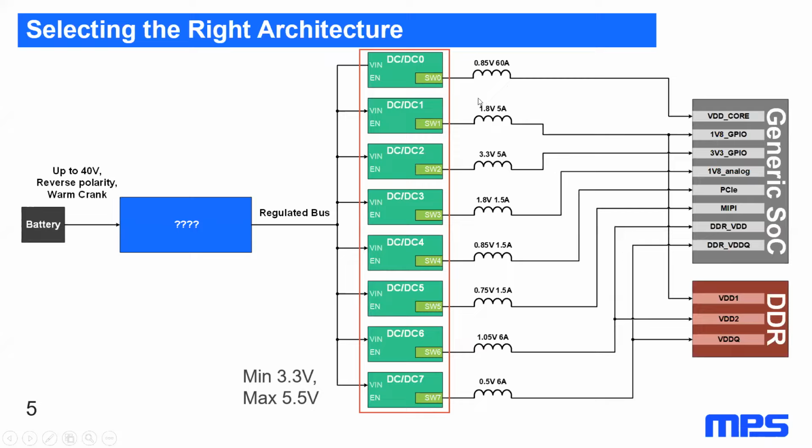We also know that there is a rail that requires 60 amps. This is usually not powered from a regular buck converter, like the ones that we are familiar with. This is sometimes powered by a controller IC with some discrete DrMOS, which means a driver MOS. Those include the gate drivers and the half-bridge FETs. This is a very common topology in computing.